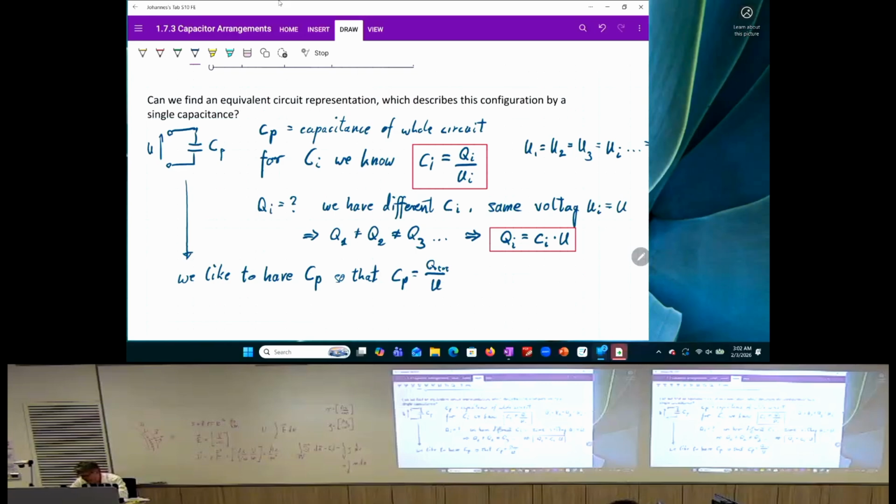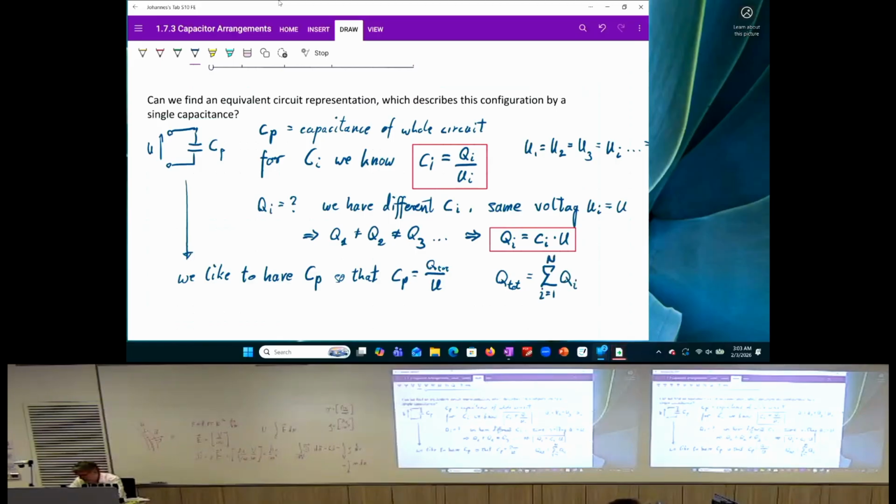And this total charge we obtain by adding up the individual charges. So we have to sum up, for I is 1 to n, all the individual contributions of charges on the individual capacitors.